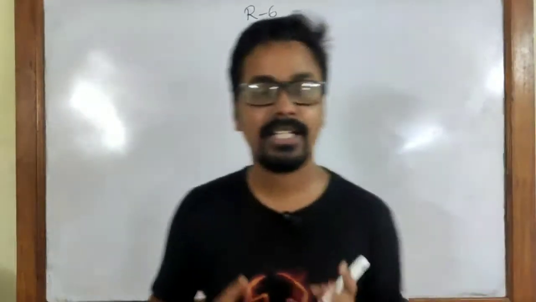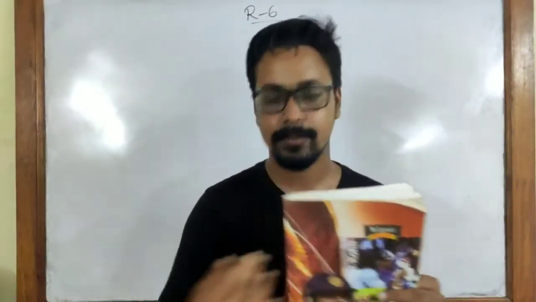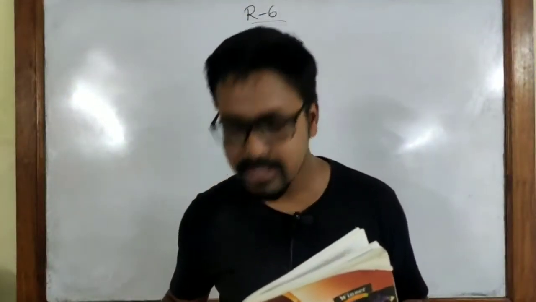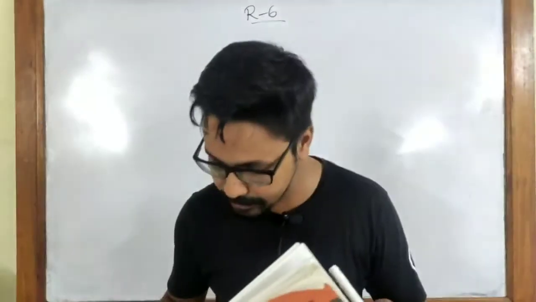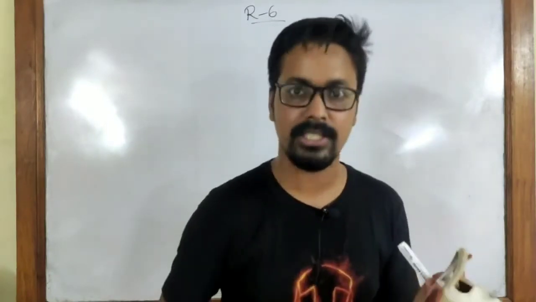A paper of breadth 14 centimeter. Suppose this is the paper, and its breadth is 14 centimeter. Now if you wrap this paper around and try to form a cylinder like this, the breadth will become the height of the cylinder, right?